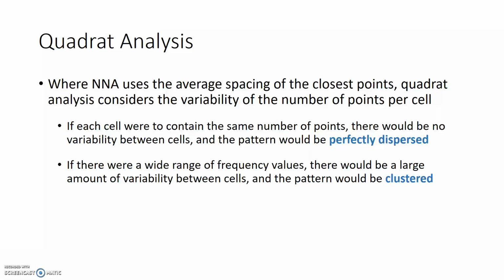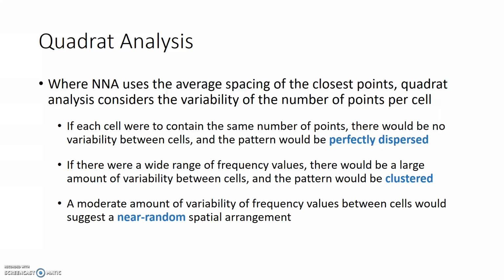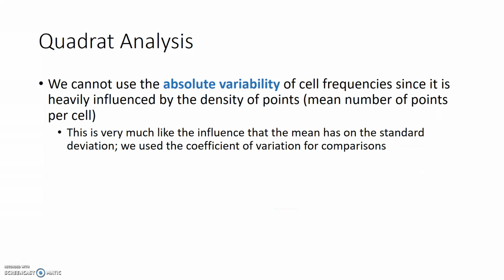Somewhere in between those two, you've got a moderate amount of variability of those frequency values, and you'd suggest something that's nearly random, as best that we could calculate from the frequency variability. So dispersion, clustering, and randomness are our spatial indexes that we can compare to.